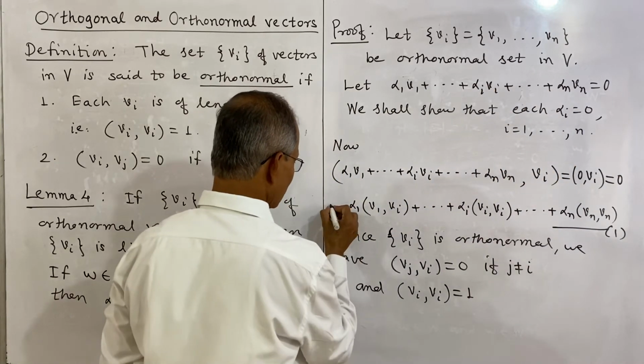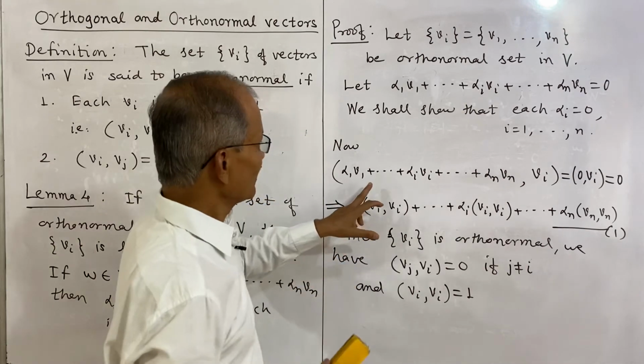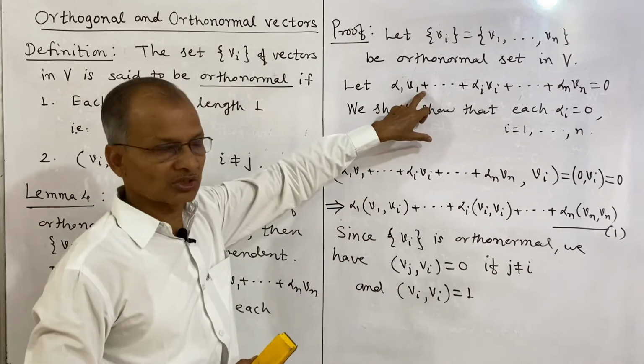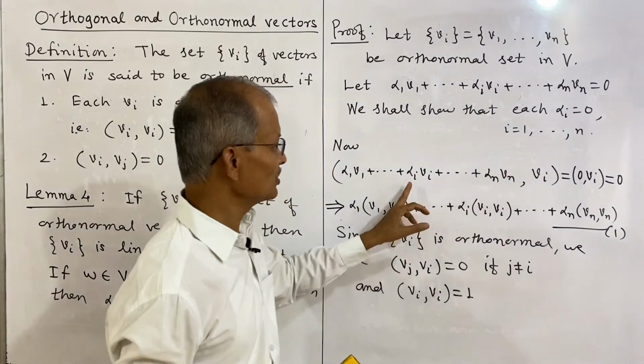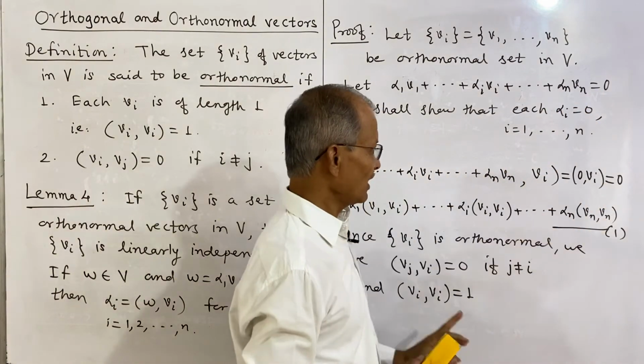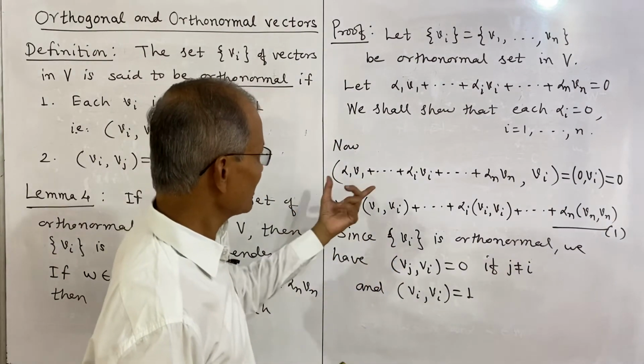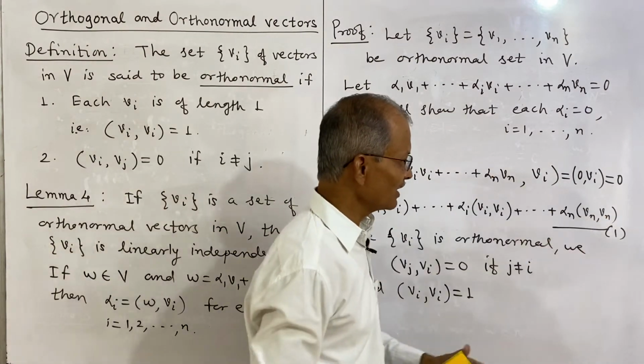So this implies the left side is this much and the right side is 0.